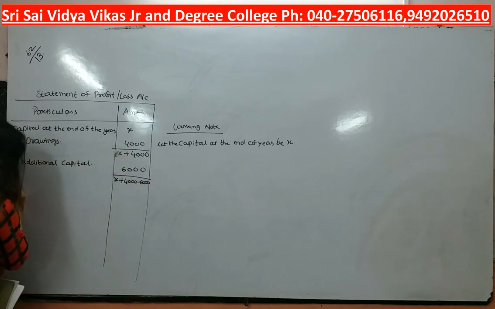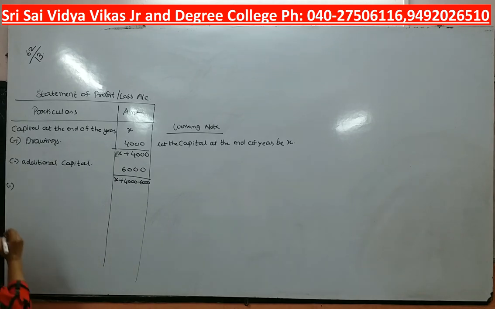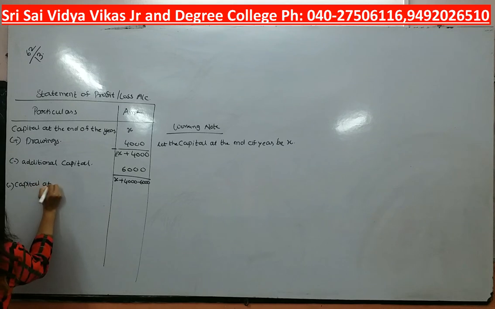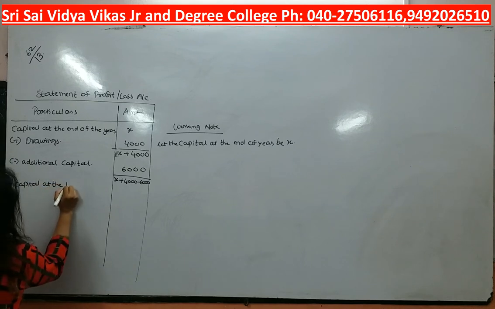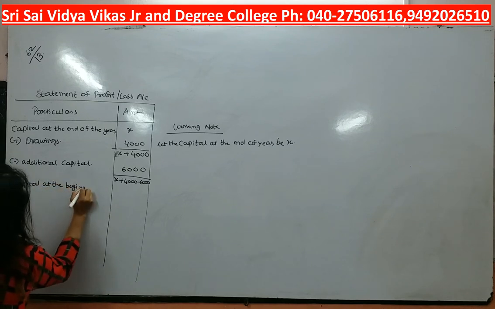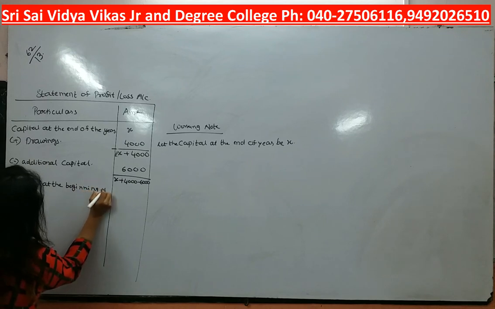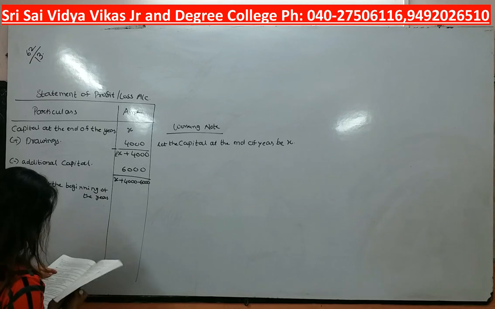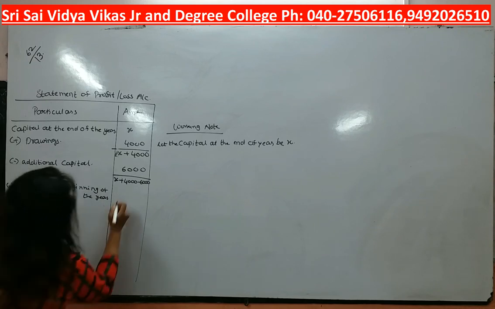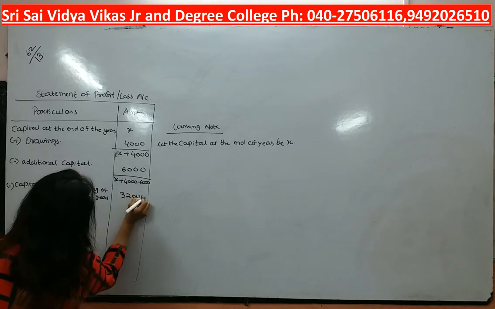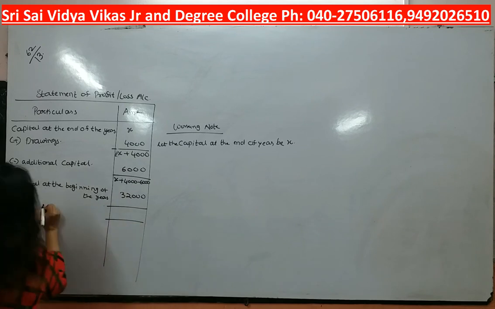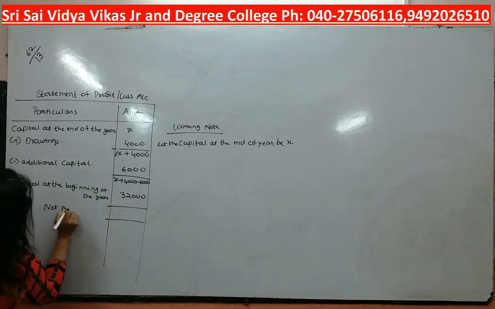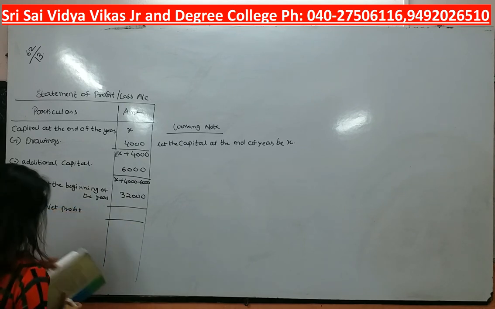Okay, less capital at the beginning of the year. What is the capital at the beginning of the year? It is 32,000. And then they have said net profit is how much?